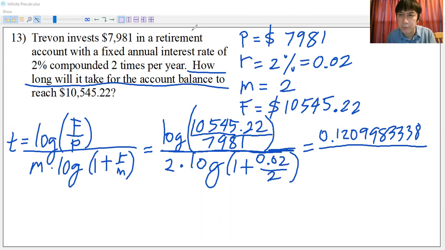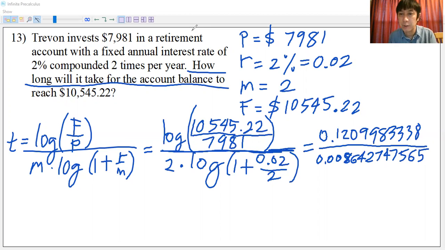Let's have the denominator. This will be expressed in fraction, or ratio. So this will be 2 times logarithm of 1 plus 0.02 over 2. That gives us 0.00864278647565.